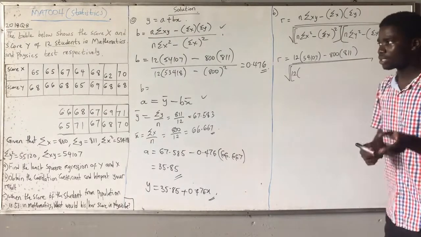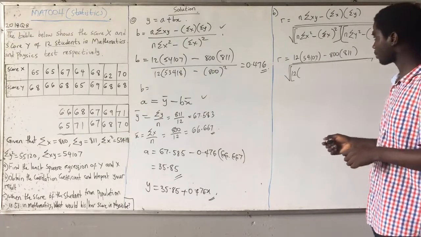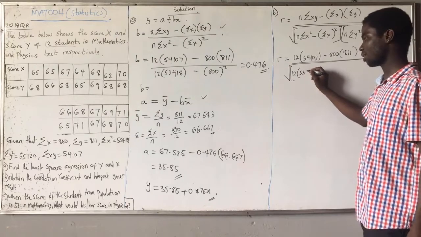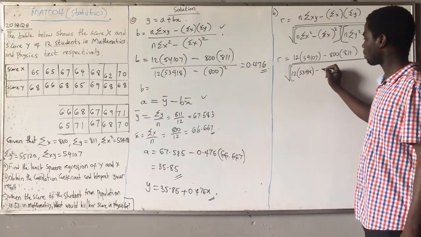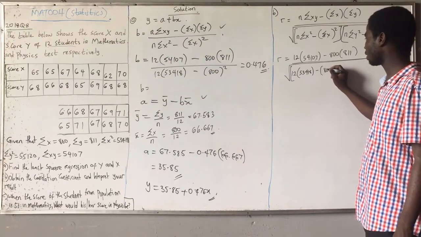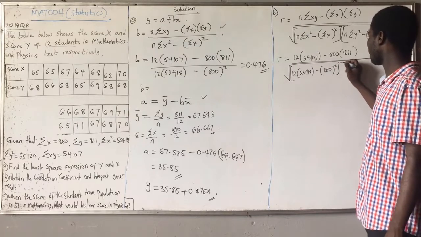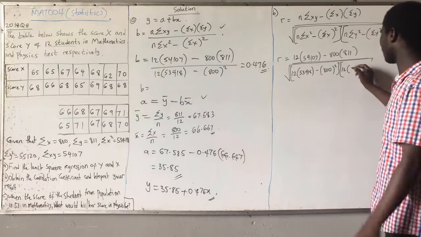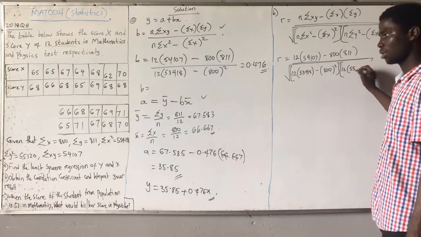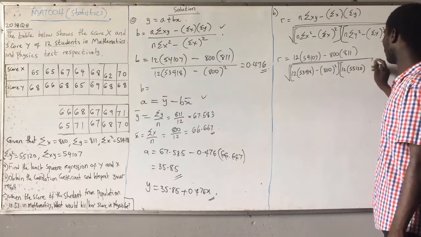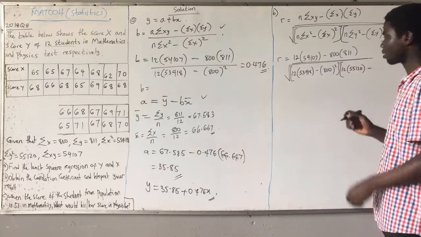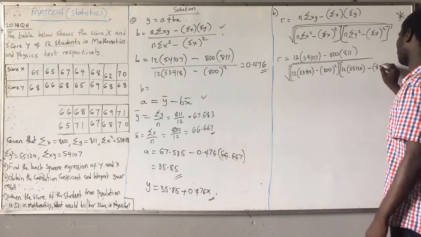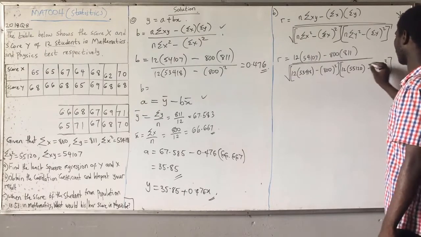So 12. Summation of x squared is what? 53418 minus summation of x all squared, minus 800 all squared. And this is 12. Summation of y squared, that is 55120, minus summation of y all squared. Summation of y is 811, minus 811 all squared.